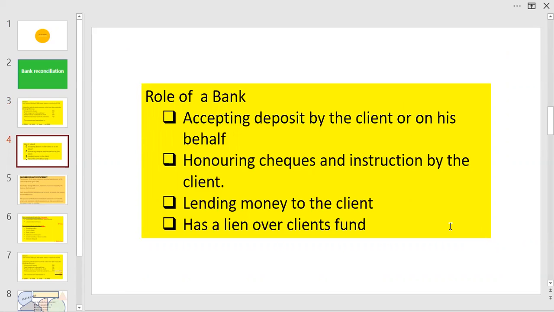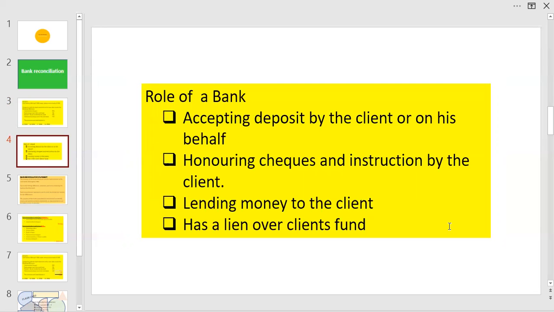It means A's account will be debited in our book. In the same way, in A's book, our account will be credited. Every single debit in our book will have a corresponding credit in A's book. Similarly, every credit here will have a corresponding debit. So always both these accounts will tally.